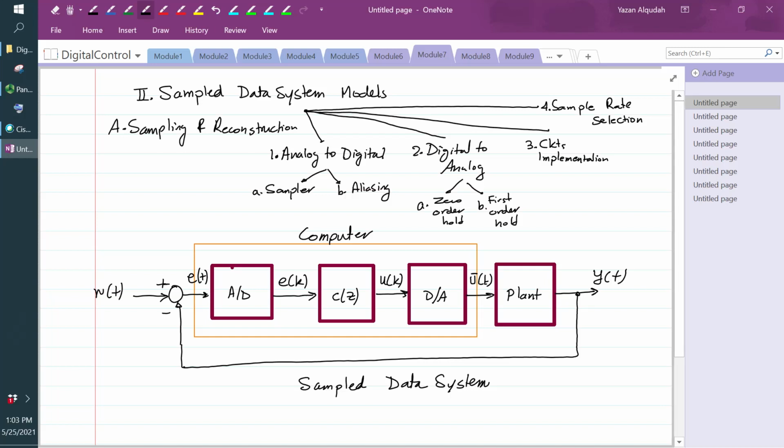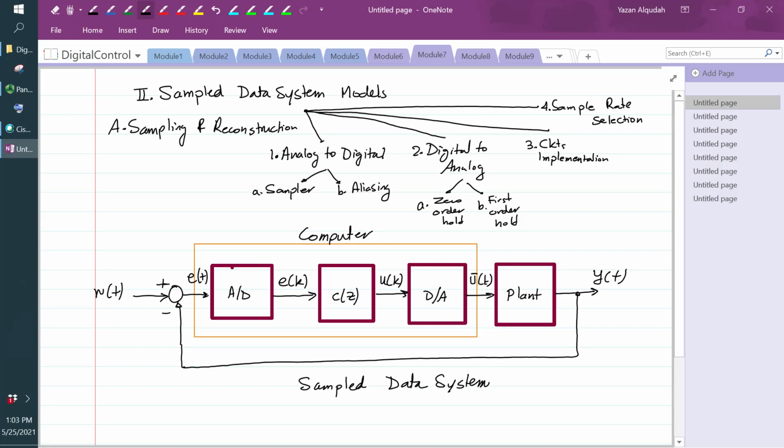Now what I want to do is control my plant using a digital controller. So therefore, I'm going to use a computer to control my plant. I'm going to take this error signal and convert it from analog to digital, and that will give me E of k, the output of the analog to digital converter.